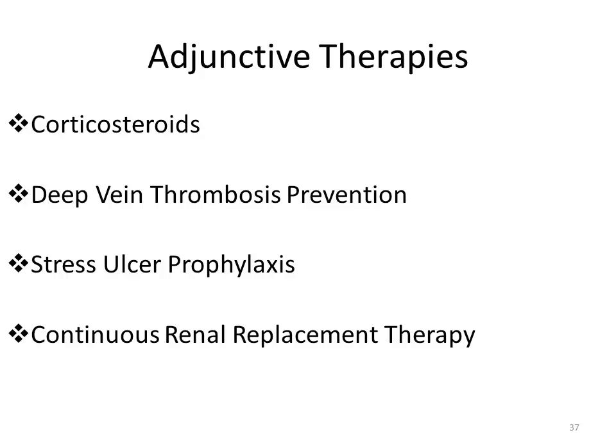DVT prevention, VTE, venous thromboemboli. So we would be looking at things like Lovenox daily, sequentials or intermittent pneumatic compression stockings. We are always considering stress ulcer prophylaxis, so histamine blockers or PPIs.